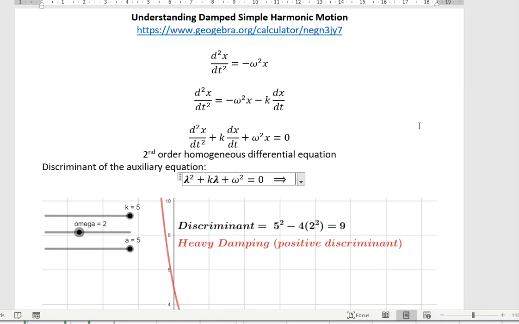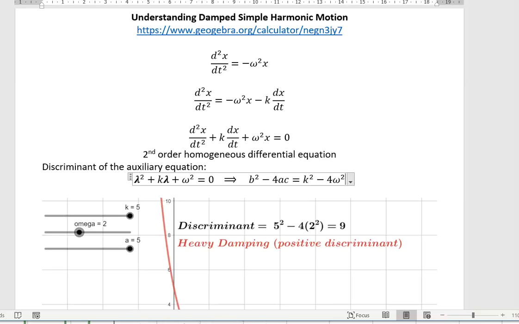From it we can construct the discriminant, b squared minus 4ac, which is of course, in this case, k squared minus 4 omega squared. And in some cases that's going to give a positive answer, sometimes negative, and sometimes 0.